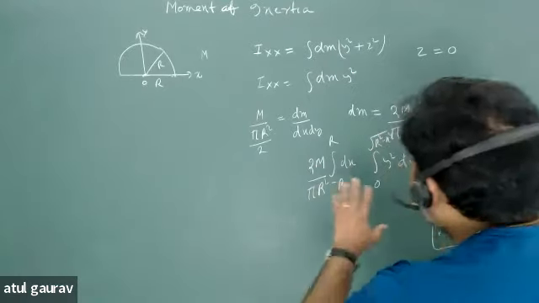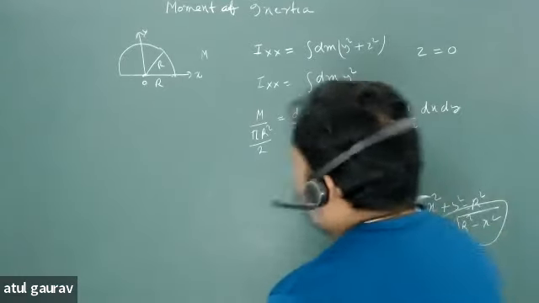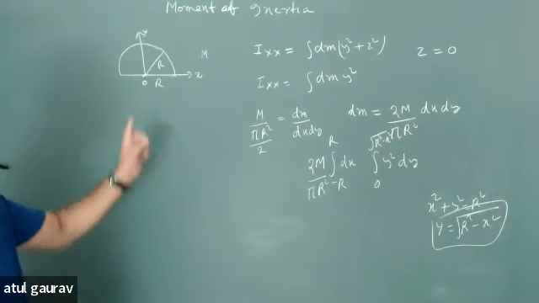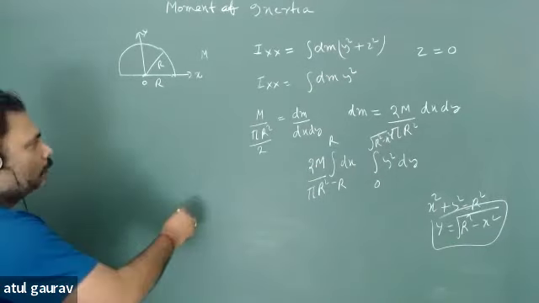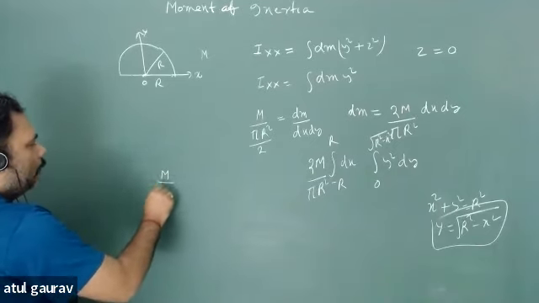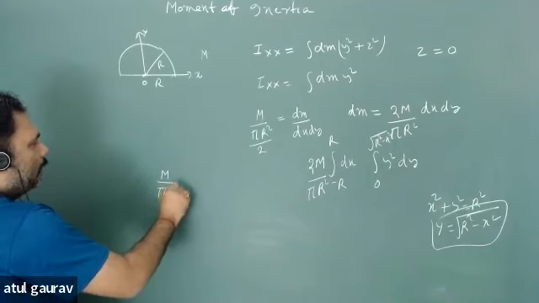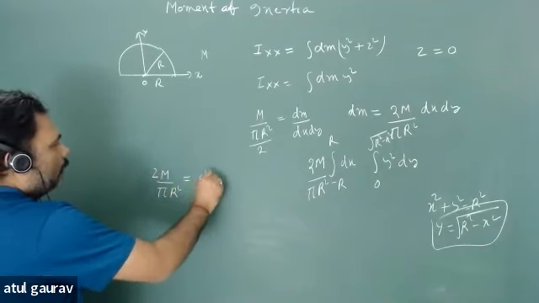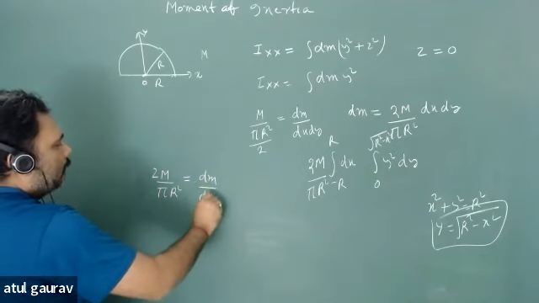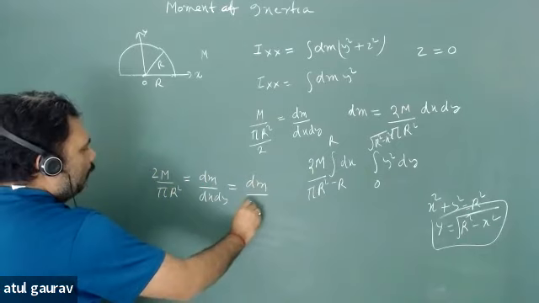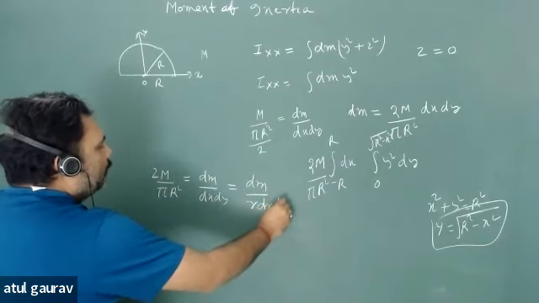Now, if I transform this whole thing into polar coordinates, then what will happen? If I transform everything into polar coordinates, then I can write 2m upon pi r square, and dm is equal to dx into dy, which I can write as r dr d theta.